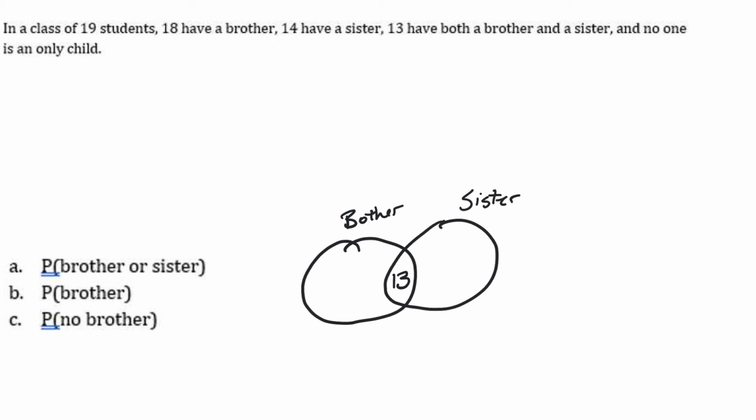So we learned that they had 18 that had brothers. That would be in this circle we first drew. 18 are in this circle, the big circle. So if 13 are in the overlap, that leaves us with 5 that just have brothers.